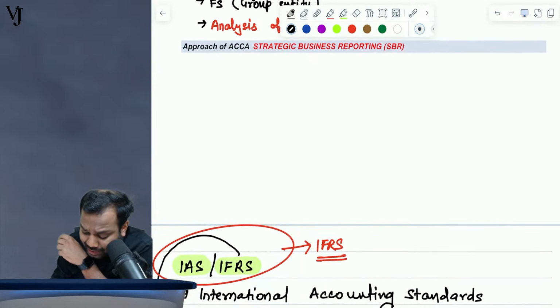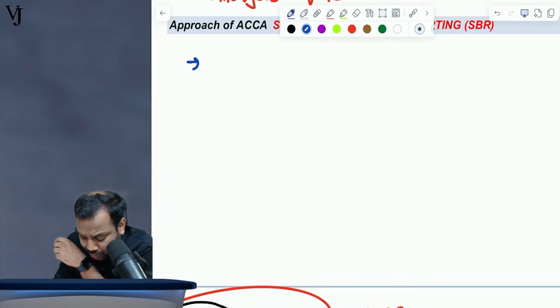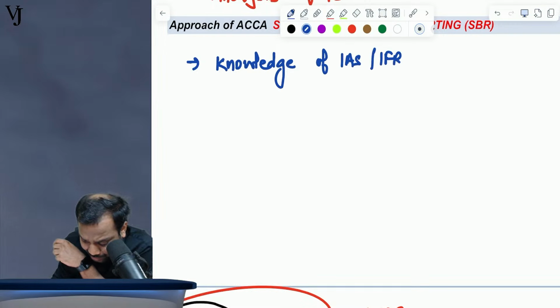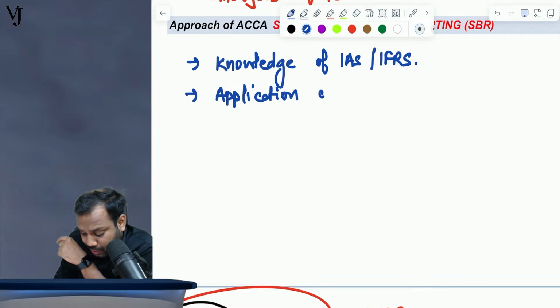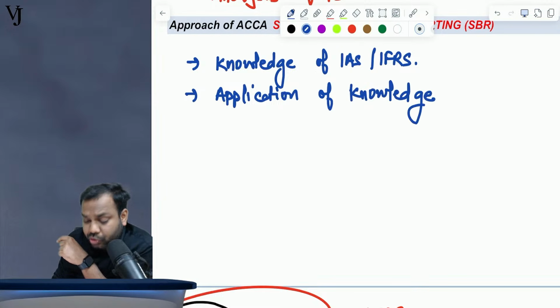Now, when I reach SBR level, it will be expected that you have the knowledge of IAS and IFRS, whichever is applicable as of now. Not only knowledge, you should also have the skill to apply that knowledge to the given case scenario.